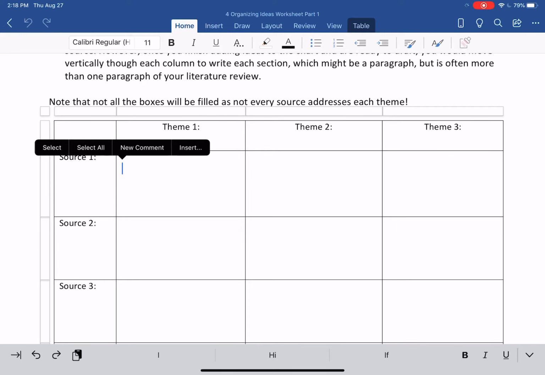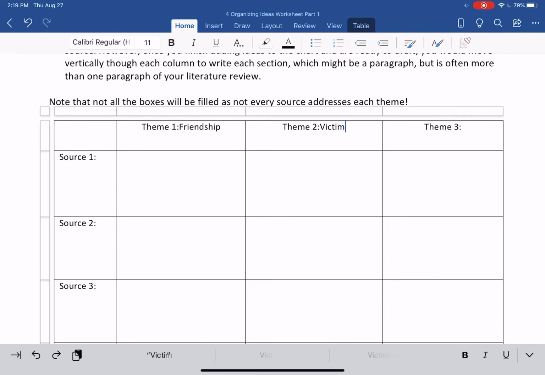A second source, though, might talk about teachers and how they influence friendship and exclusion. So here I might make a point, identify what they say about friendship and what they say about exclusion. Here, it would be helpful if I fill this in. And victimization and exclusion. So this is Smith.